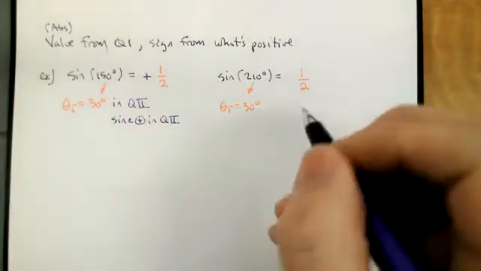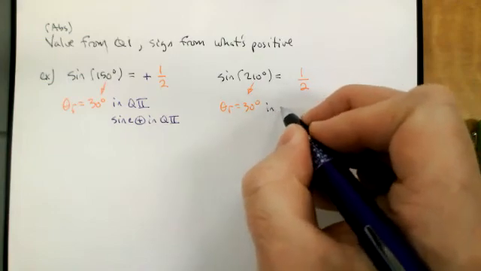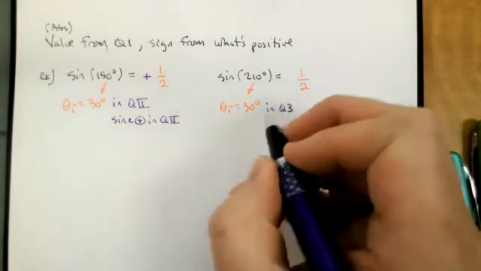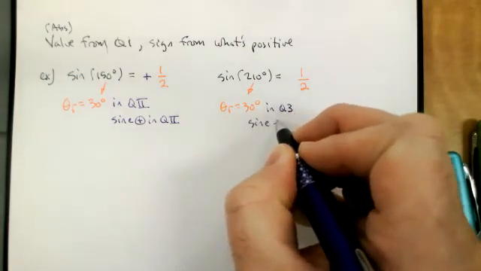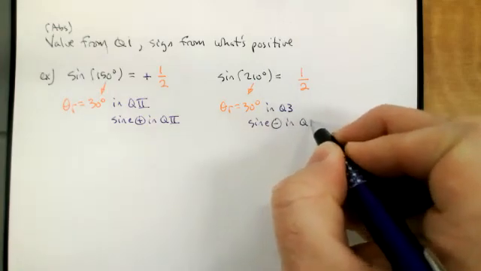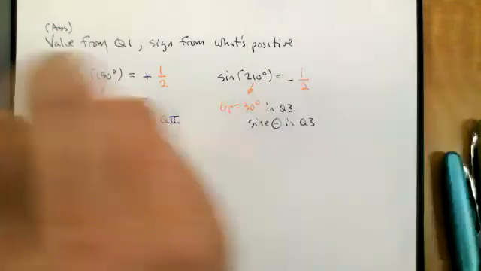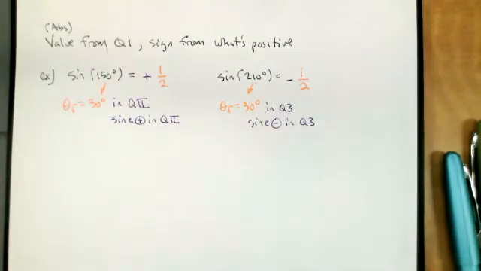But this is a 30-degree reference angle in quadrant 3. And sine is negative in quadrant 3. The value comes from knowing quadrant 1, all those 9 values in quadrant 1. Plus or minus comes from what's positive. Quadrant information.